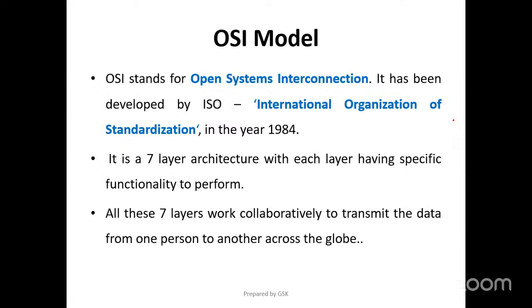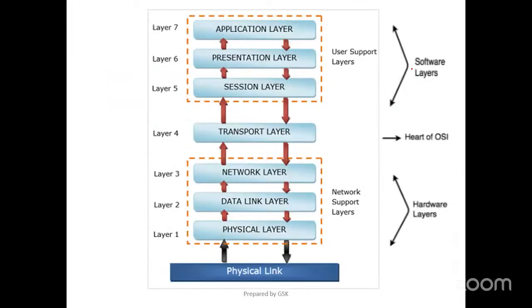It has 7 layers, and every layer has its own functionalities. The layers are physical layer, data link layer, network layer, transport layer, session layer, presentation layer, and application layer.